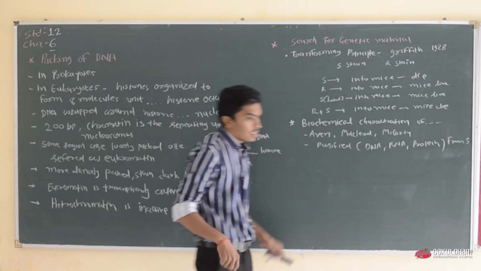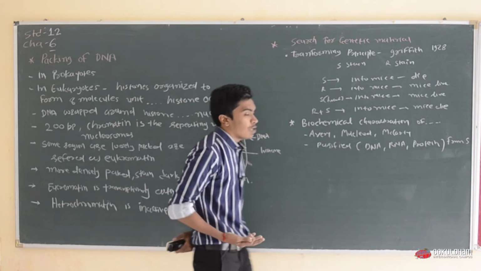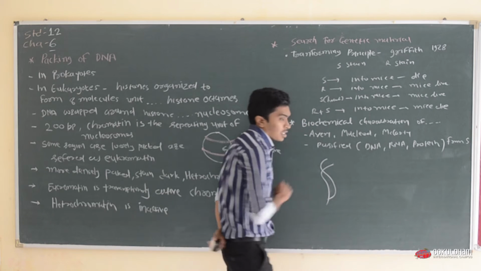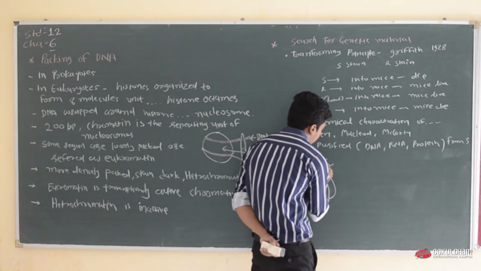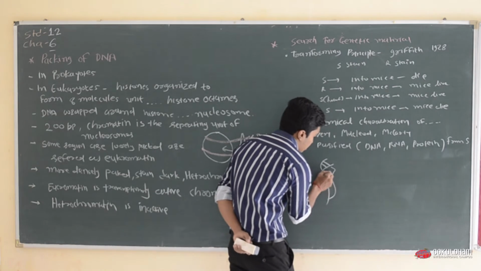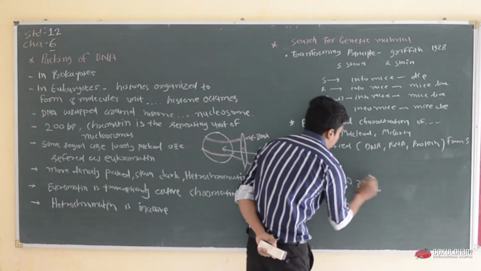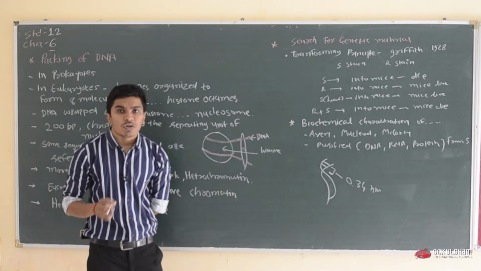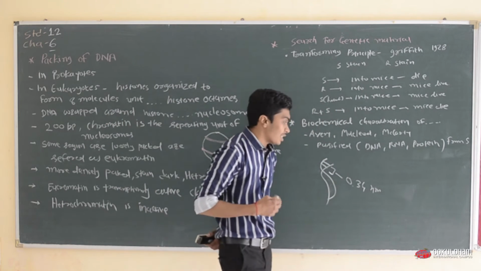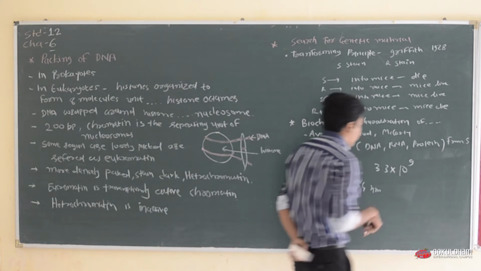We know the length of DNA. How can we find out the length of DNA? In this DNA, the distance between each nucleotide is 0.34 nanometer, and the number of nucleotides present in a human cell is 3.3 multiplied by 10 to the power 9.